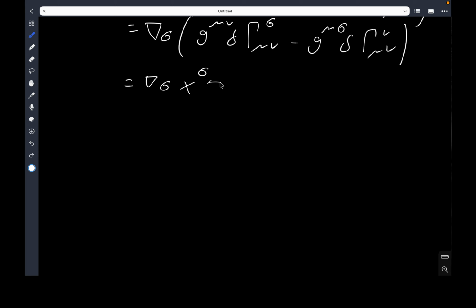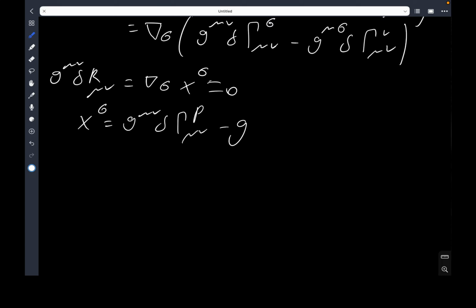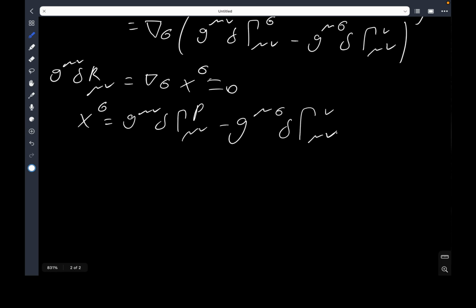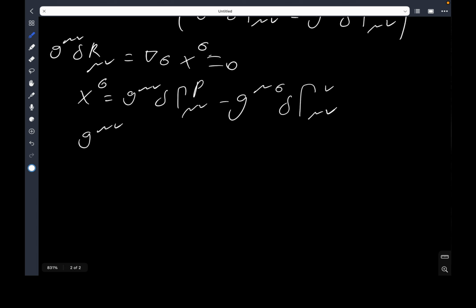So this is going to be 0, which means that g mu nu delta R mu nu is 0, and remember that X sigma here is g mu nu delta Christoffel symbol sigma mu nu. Sorry for my bad handwriting because I'm a little tired now of all the lecturing. So thus we concluded that g mu nu delta R mu nu is equal to 0.